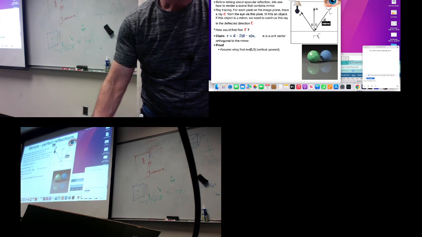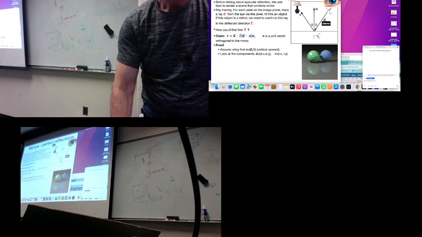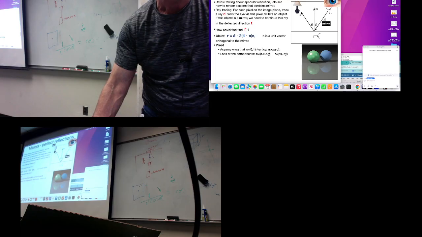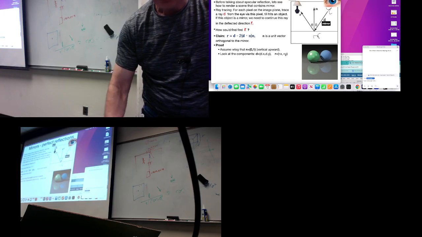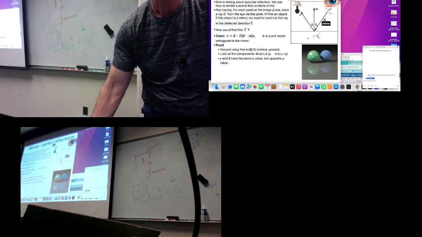Okay, let's assume without loss of generality that n is (0, 1). D has two components, dx, dy. R has two components, rx, ry. And R and D have the same x value, right?